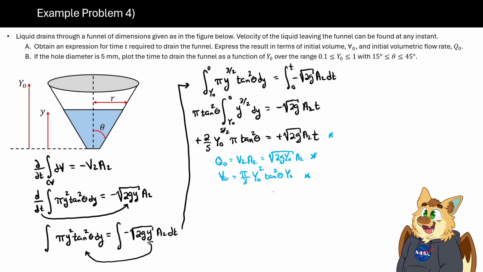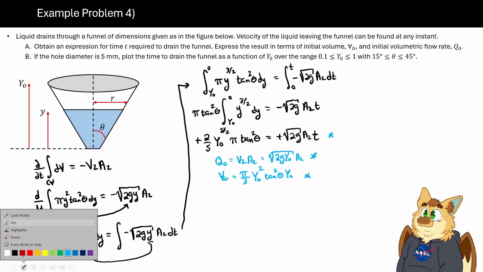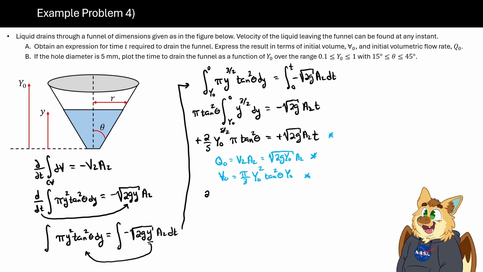So let's start off with Q naught because it's pretty easy. I already see on the right-hand side we have a square root of 2g times a2. All we need is a square root of y naught. So we can multiply by a square root of y naught on both sides, which you would end up getting 2 over 5 y naught to the 5 over 2 times 1 over 2.